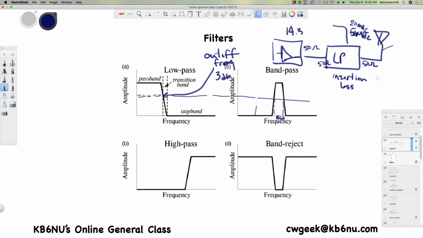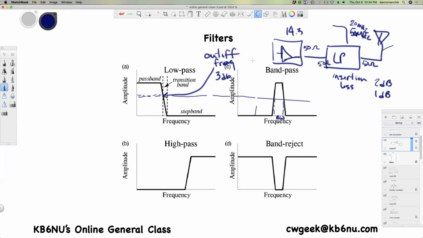And that'll be specified in dB, 2 dB maybe, probably less than that, probably more like 1 dB. But that's insertion loss, that's just a fact of life. You'll have some amount of insertion loss, even if your output impedance and input impedance are 50 ohms. Any questions about that?